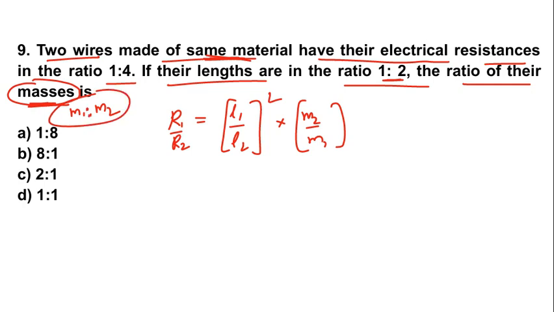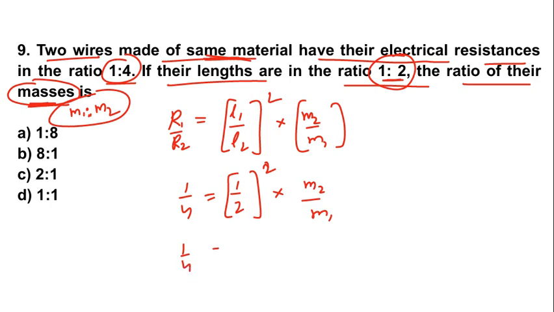R1 by R2, electrical resistances given 1:4. Just substitute the values: 1 by 4. L1 by L2, length ratio given 1:2, so that is 1 by 2 whole square into M2 by M1. Simplify this: 1 by 4 equals 1 by 2 whole square, that is 1 by 4, into M2 by M1.